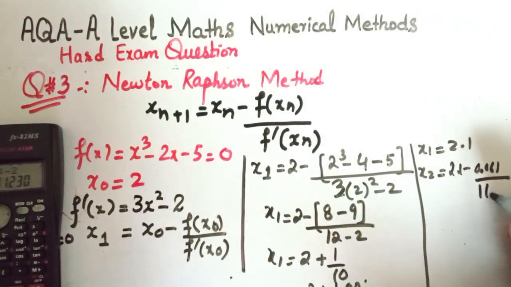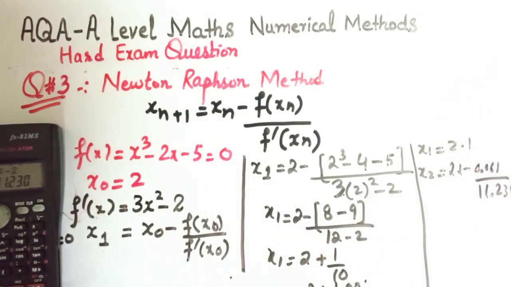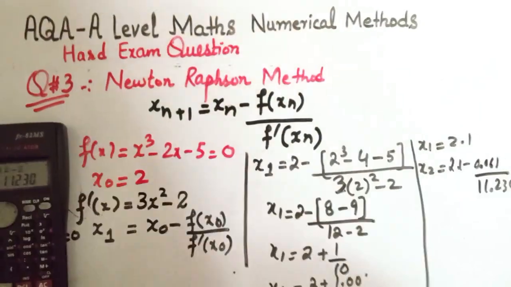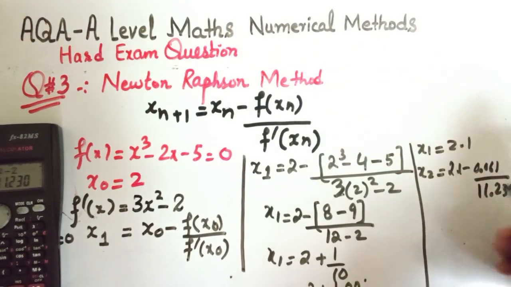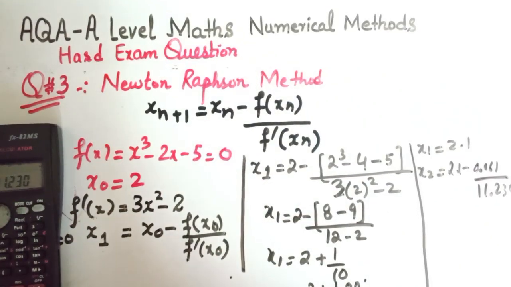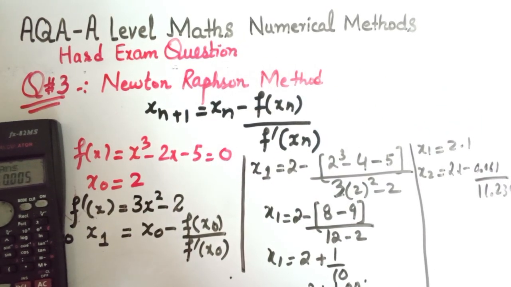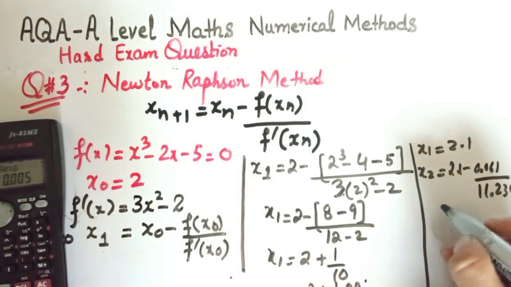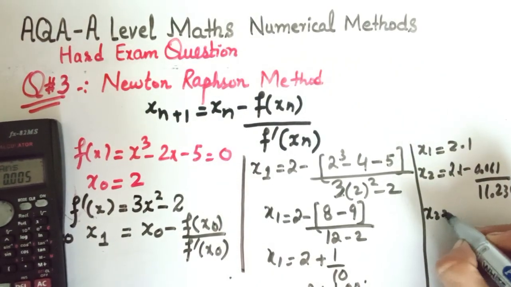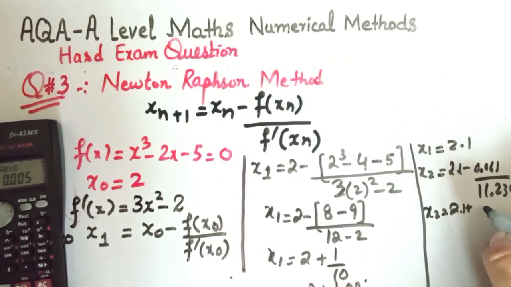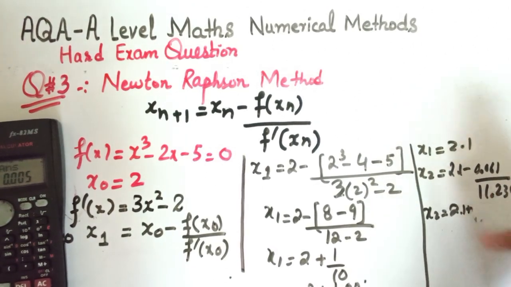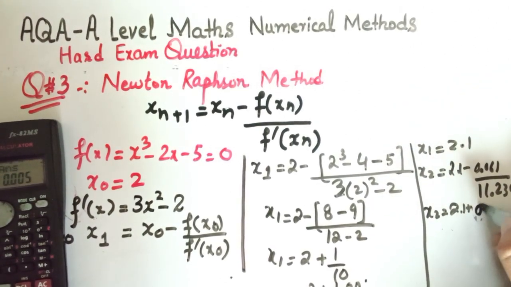So that gives 11.23. We will solve this: 0.061 divided by our answer, we get 0.005. So x2 equals 2.1 minus 0.005, this will be subtracted.